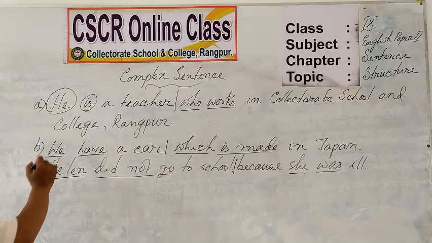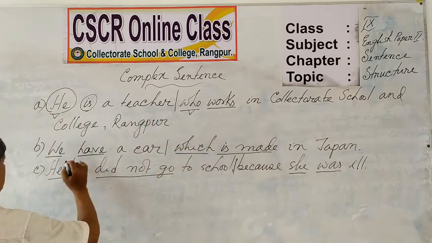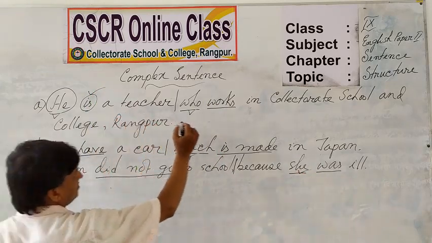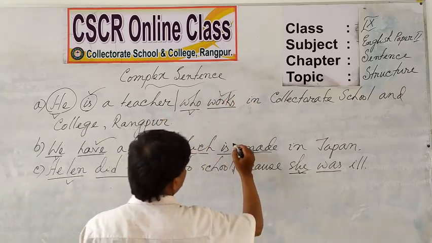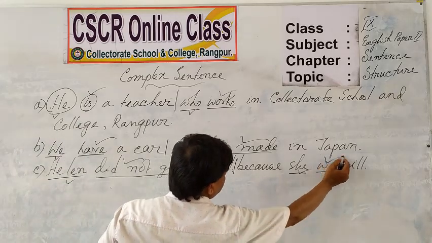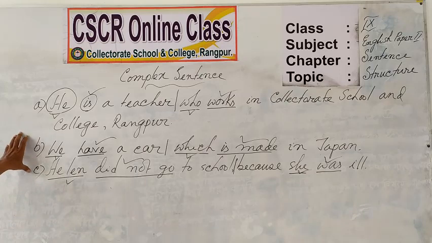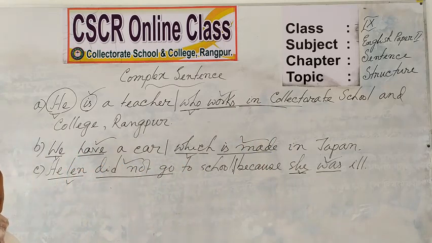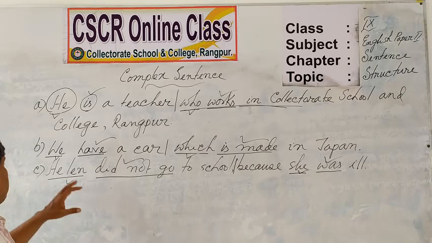Yes, the sentence having two subjects, again having two finite verbs, the sentences having two subjects, two finite verbs and two separate parts, and of which one part is the principal clause or main clause or independent clause, and another part is called the subordinate clause or helping clause or dependent clause.